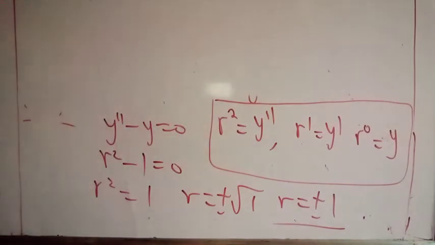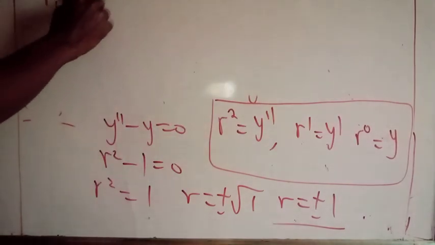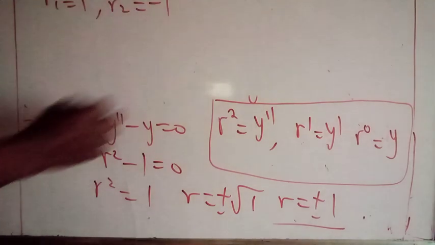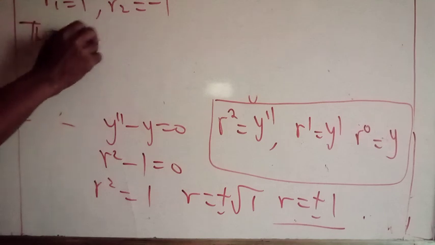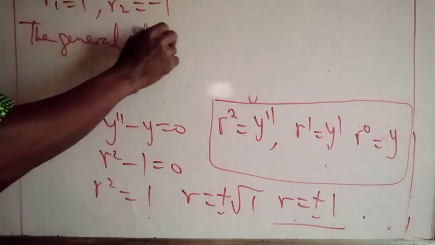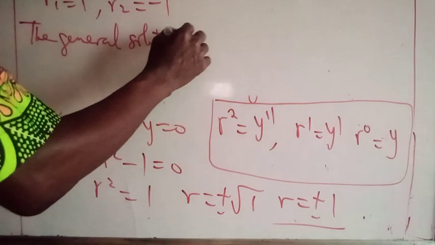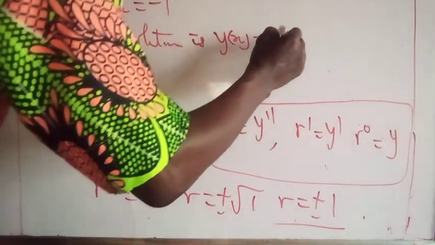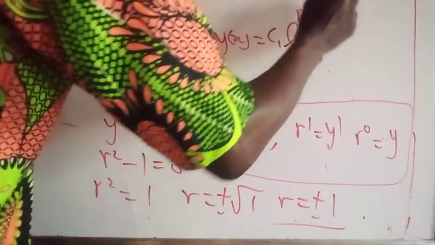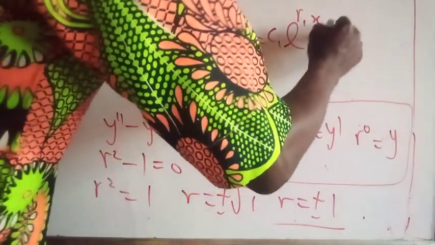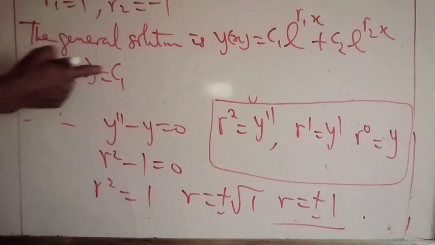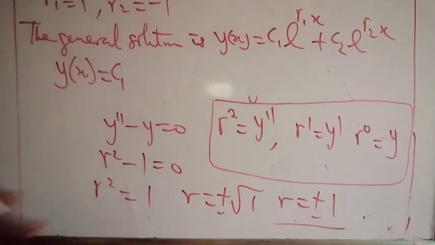So now say that r1 is equal to 1 and r2 is equal to minus 1. In this case, since we have distinct and real values, the general solution is y of x equals C1 exponential r1x plus C2 exponential r2x. So y of x is equal to C1, and C1 and C2 are arbitrary constants.